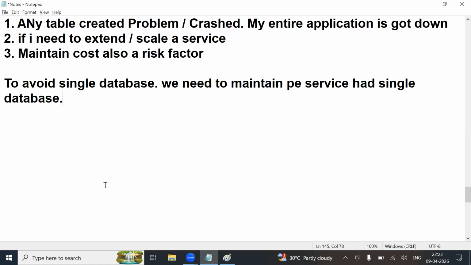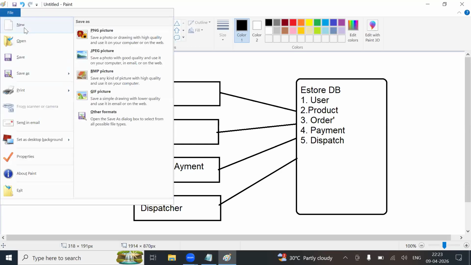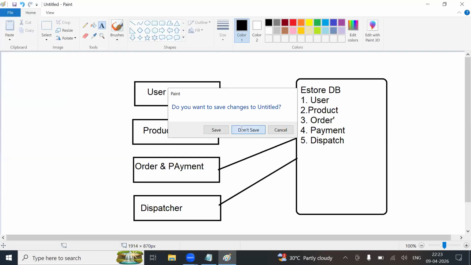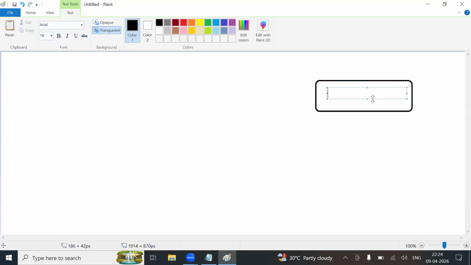Okay, I will tell you. This is a very good question. From an architect's standpoint, let me explain in a different way. Let me take a small database here. This is my database, MySQL, or you can say MongoDB, which is not licensed and not secured.